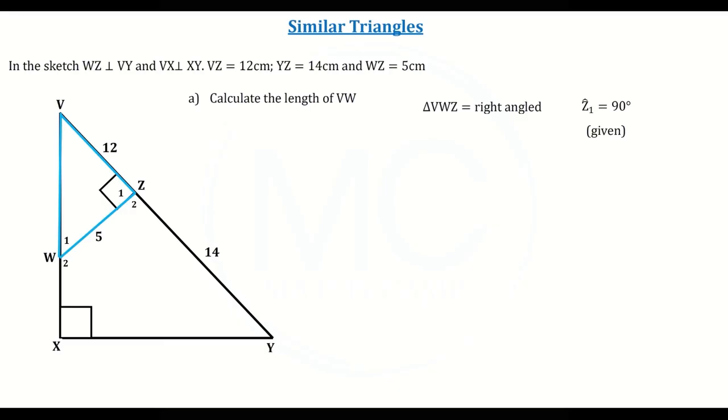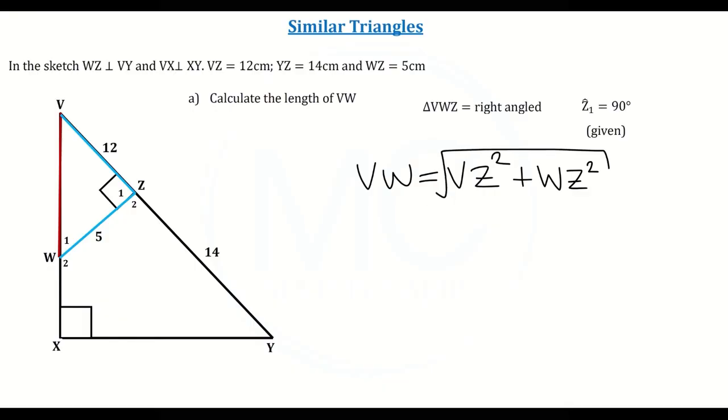VW lies directly opposite the 90-degree angle. So VW is the hypotenuse of this triangle. So let's make it red. This means that we can use Pythagoras' theorem to find the length of VW. So we can say VW is equal to one side, let's use VZ squared, plus the other side, WZ squared, all under a square root.